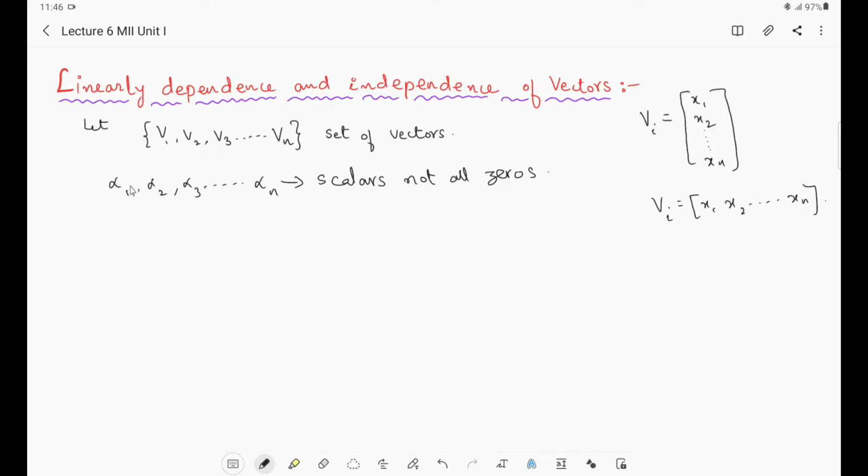If there exist alpha 1, alpha 2, alpha 3 and so on alpha n, which are scalars, not all zeros, such that alpha 1 v1 plus alpha 2 v2 plus alpha 3 v3 and so on alpha n vn is equal to 0.